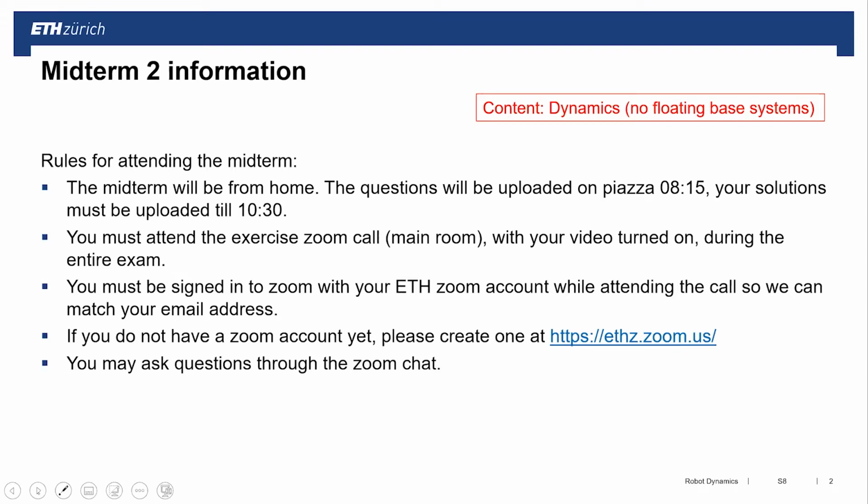So use your ETH Zoom account. If you don't have an ETH Zoom account yet, make sure that you register under this address that we are providing here. If there are things that are unclear that you have to ask about as you would do during the exam, make sure that you use the Zoom chat.